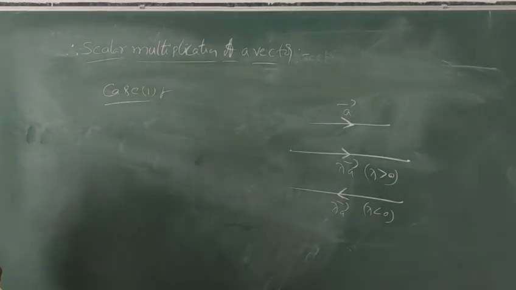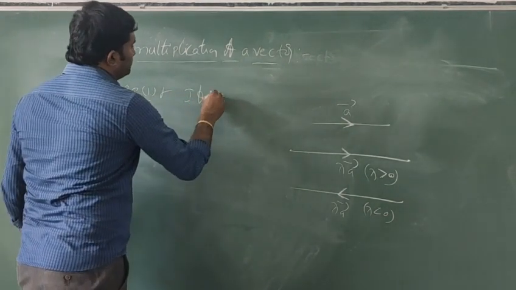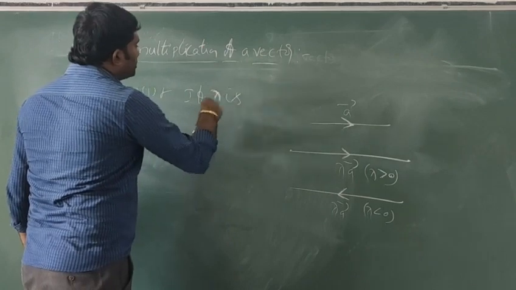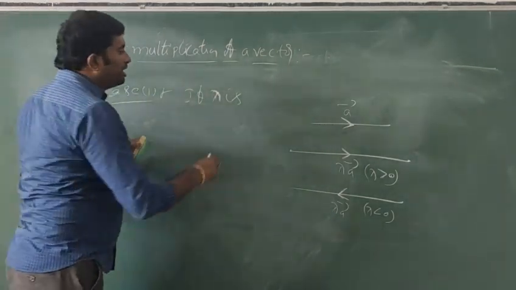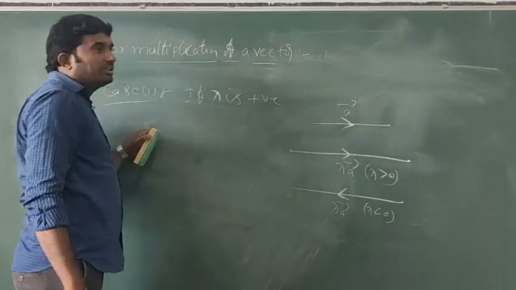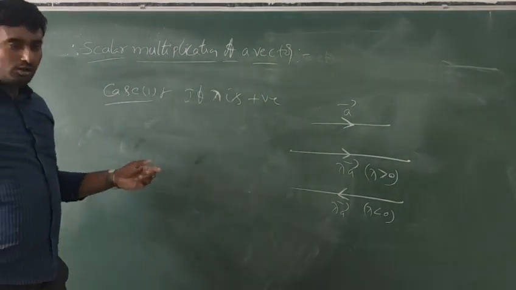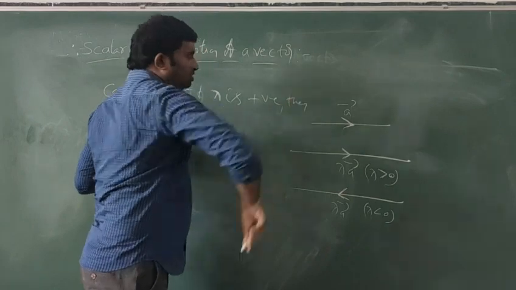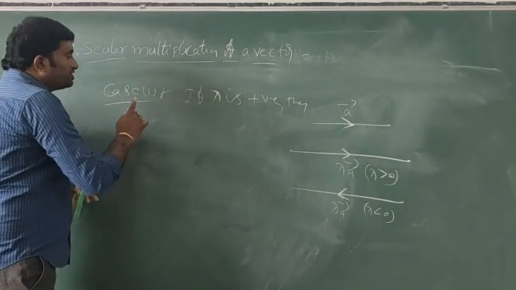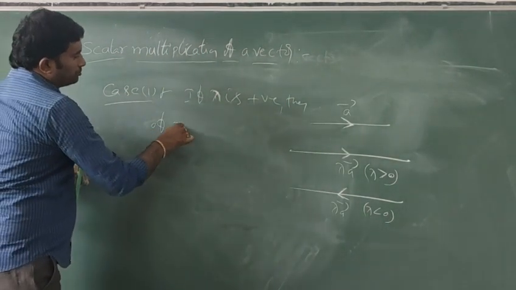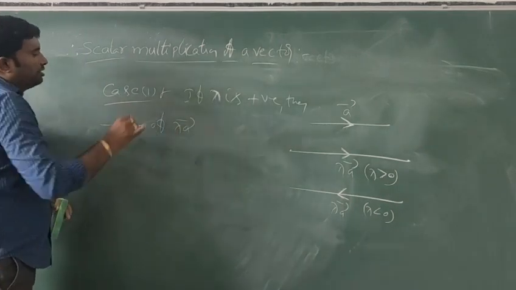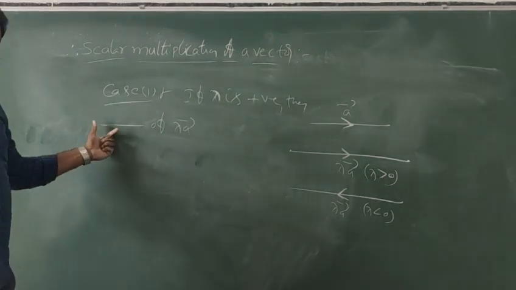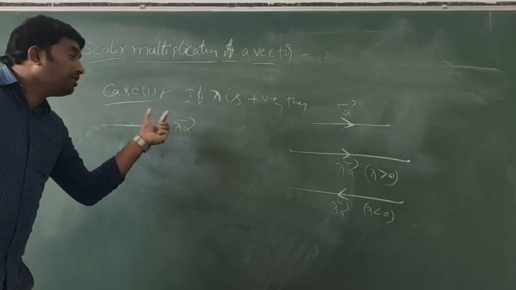First case 1. If lambda is positive, the given scalar real number is positive, then the direction of the vector lambda A bar.